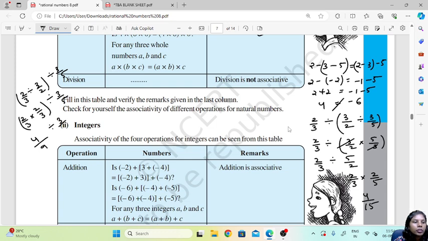Divide by 3 upon 5. Again 4 upon 9 into 5 upon 3. 4 5s are 20. 9 3s are 27. So 20 upon 27 and 4 upon 15 are different. So these answers are completely different from each other. Therefore, division is not associative.